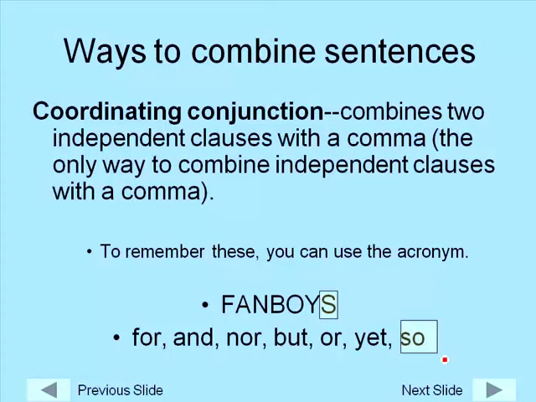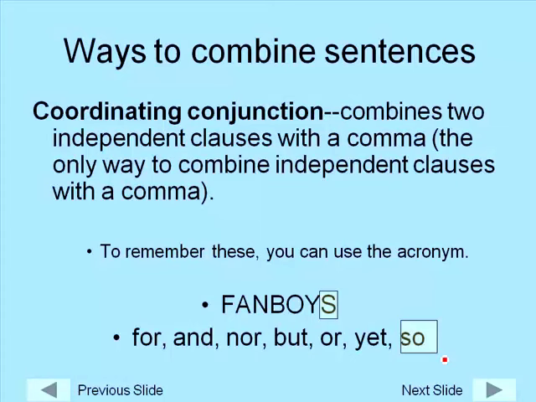Almost everything else you can look up at some point, and that's fine. But there are few enough coordinating conjunctions, and by knowing them, you can tell what other things are doing. The words are for, and, nor, but, or, yet, so.